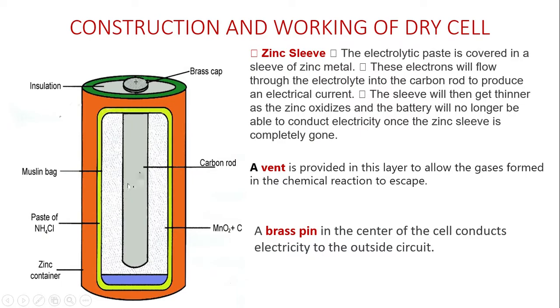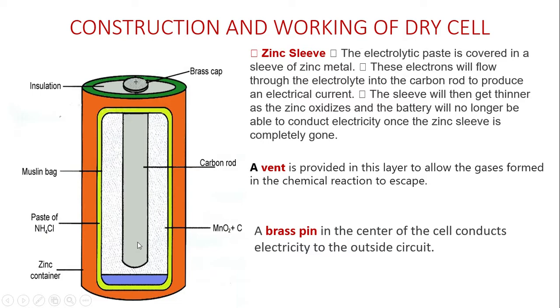These electrons will flow through the electrolyte into the carbon rod to produce an electric current. The sleeve will then get thinner and thinner as the zinc oxidizes, and the battery will no longer be able to conduct electricity once the zinc sleeve is completely gone.